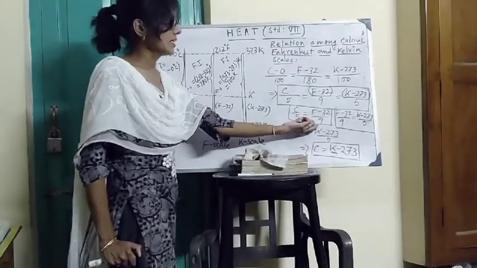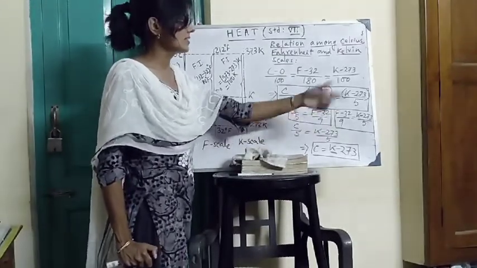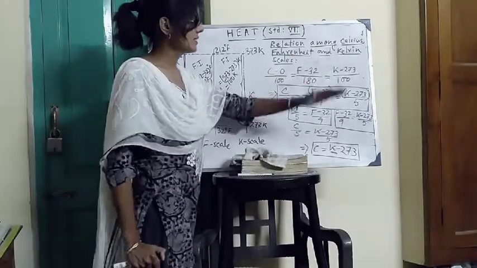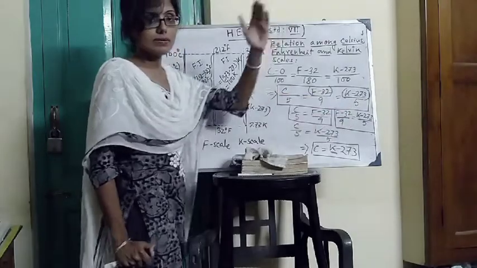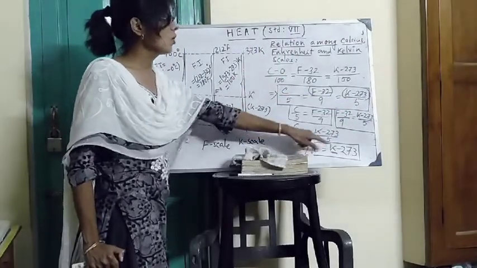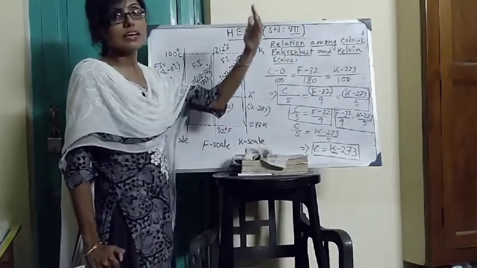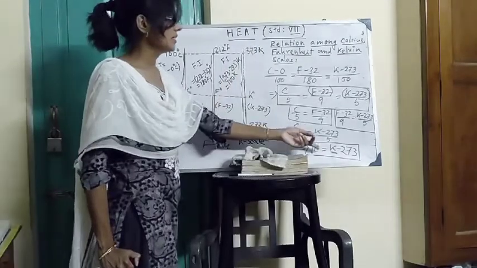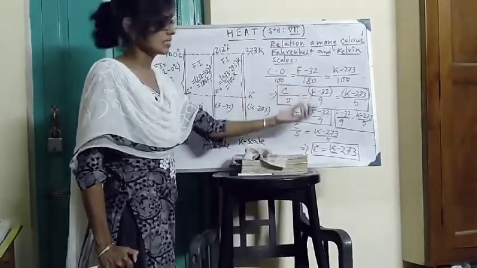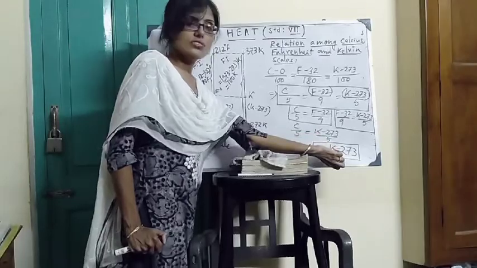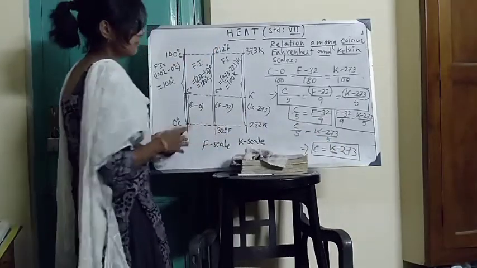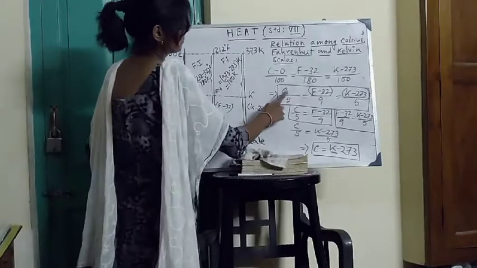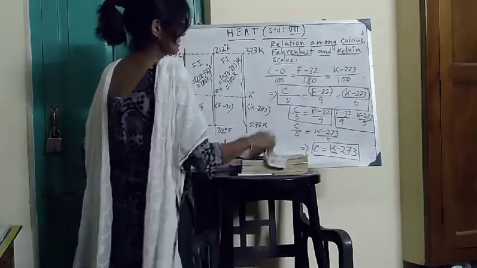If a temperature in Fahrenheit scale is given and it is said to find the temperature in Kelvin scale, then we use this relation. If a temperature is given in Celsius or Kelvin scale and it is said to find the temperature in the opposite scale, we can use this relation. Understood? So this is the very important relation among Celsius, Fahrenheit and Kelvin scale.